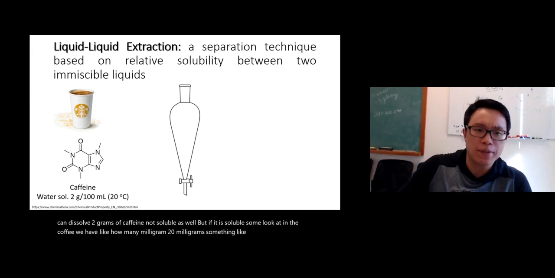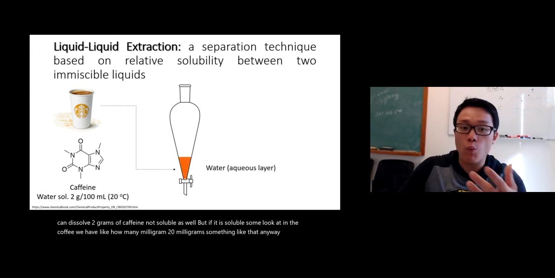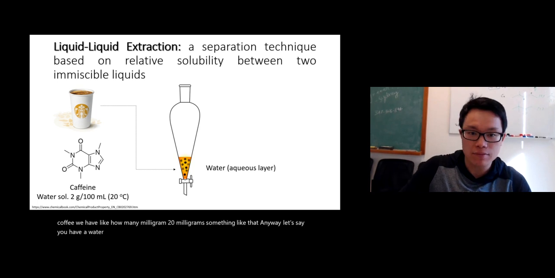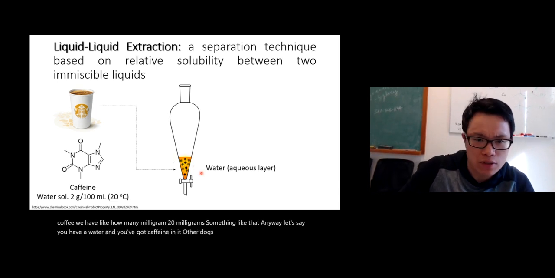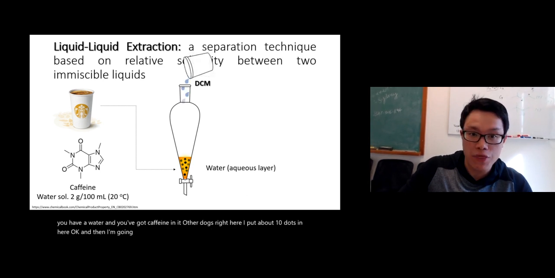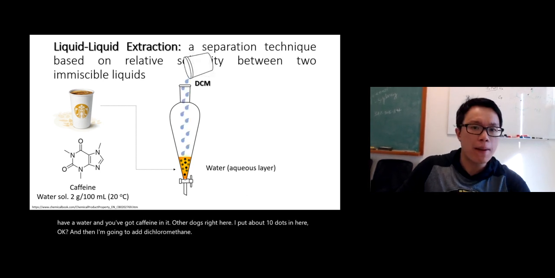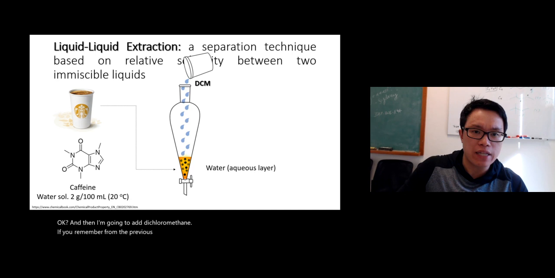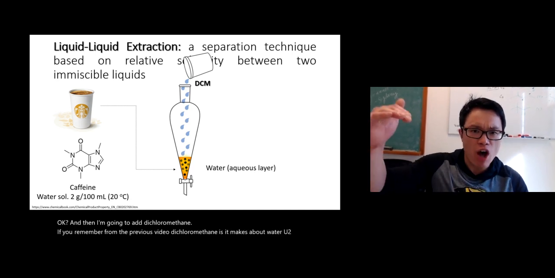Anyway, let's say you have water and you've got caffeine in it, shown as dots right here. I put about 10 dots in here. Then I'm going to add dichloromethane. If you remember from the previous video, dichloromethane is immiscible with water, so they form two layers. Is it at the top or at the bottom?